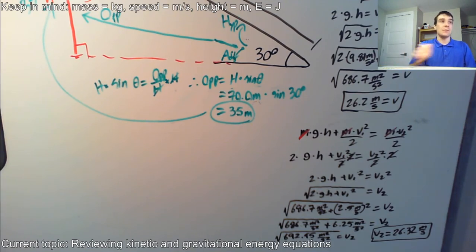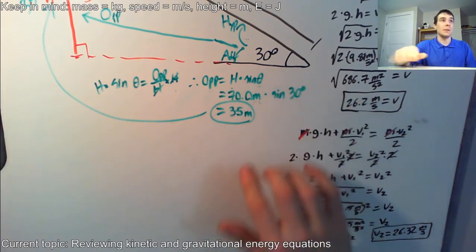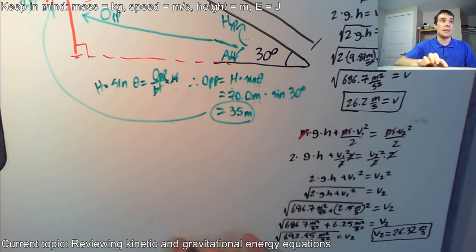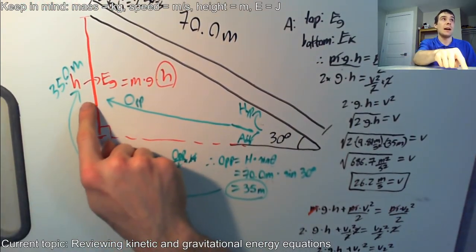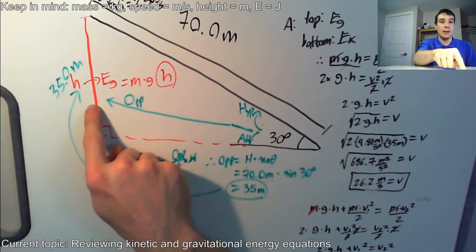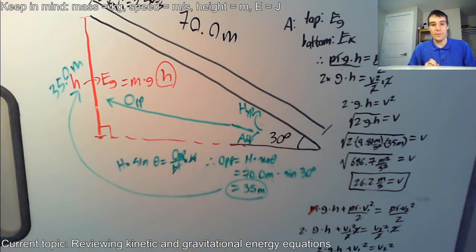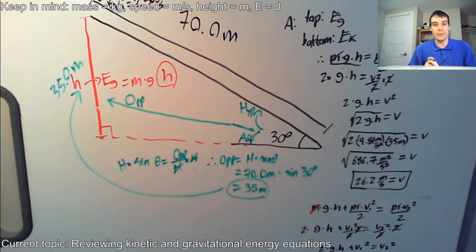So in this review, what was important was the way that the kinetic and gravitational energy equations respond to each other, and the fact that the gravitational energy equation depends only on height. So we need to figure out the height that something drops through. I'm not going to give you something like this on a test. That's a little bit overcomplicated.